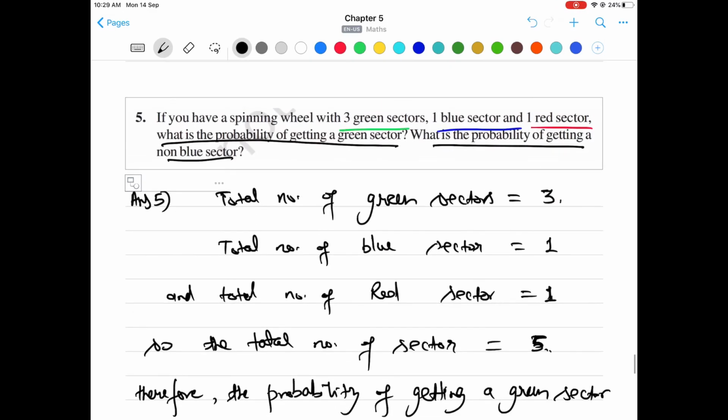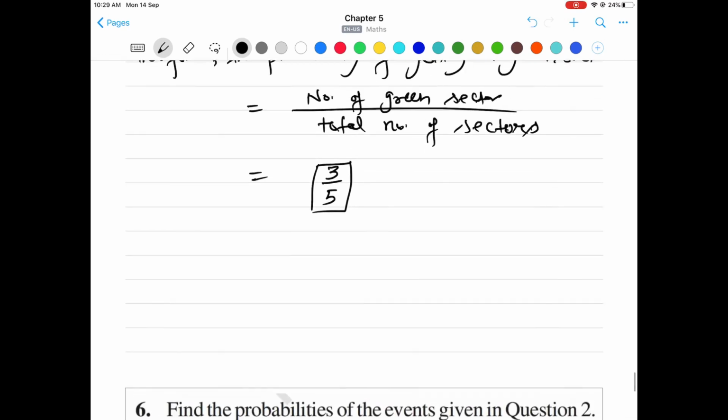Okay, next we are also asked the probability of getting a non-blue sector.